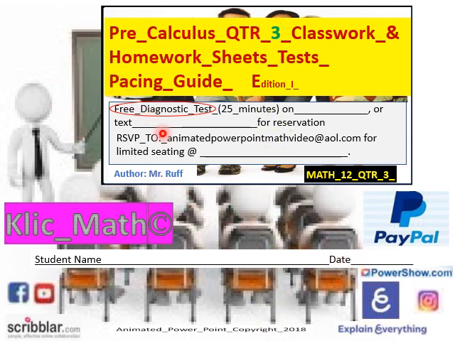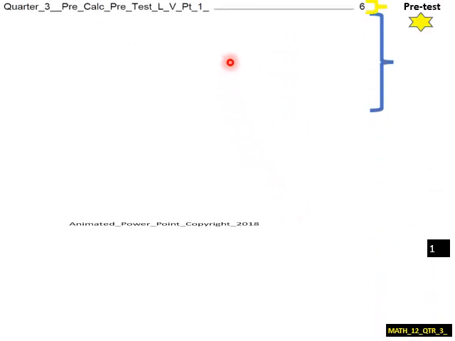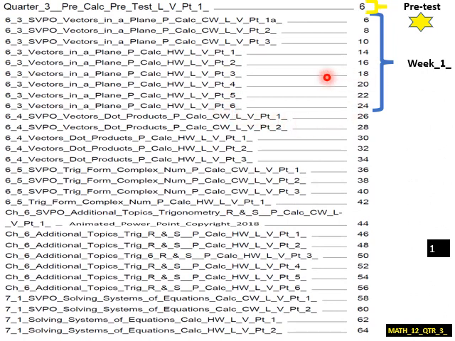So let's go over our quarter 3 content here for pre-calculus math. We start here with a pre-test for quarter 3, and then week 1 we start in with vectors and we finish up with vectors. So whole week 1 is vectors, and then week 2 is dot products, and we finish up with the trig form of complex numbers for week 2.